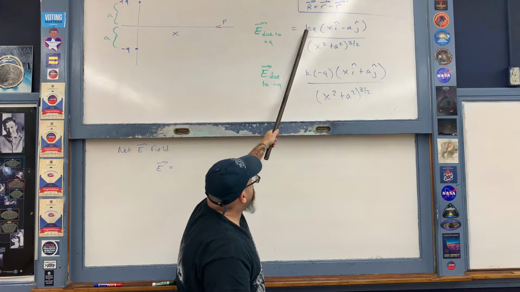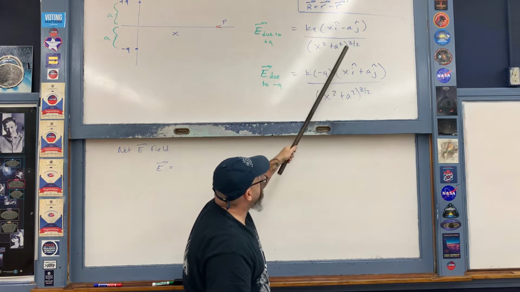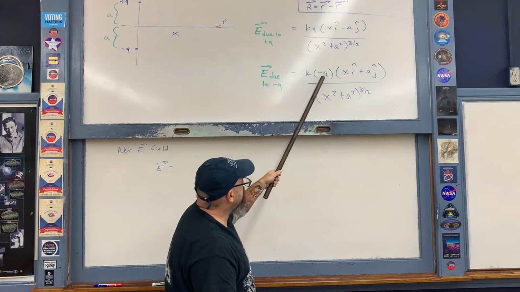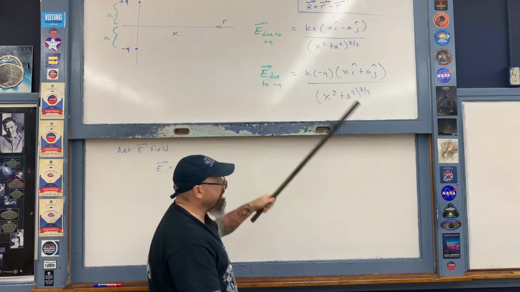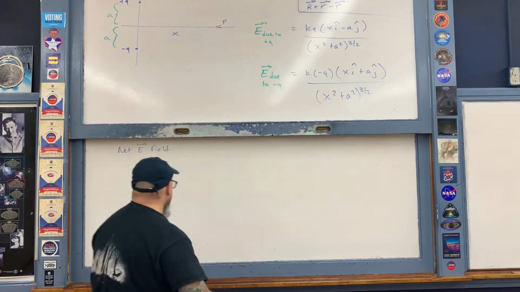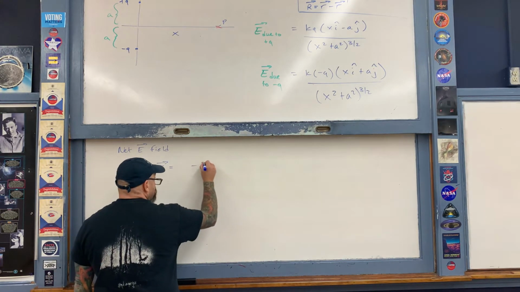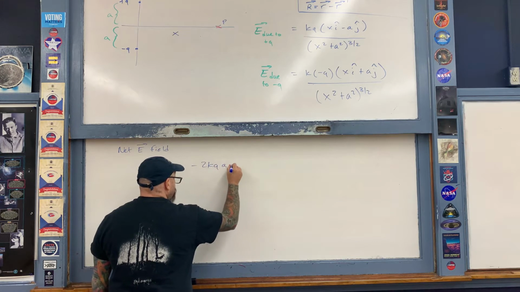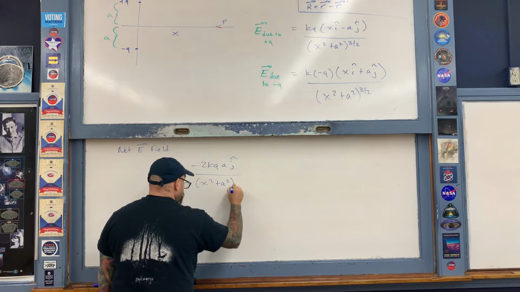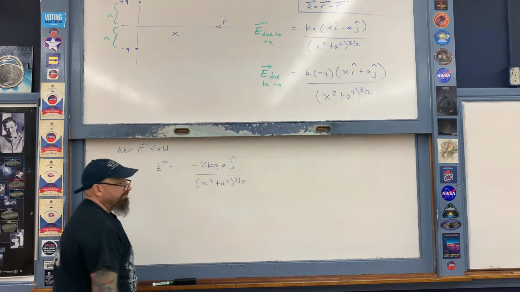Negative kqa j hat over the denominator, and another negative kqa j hat divided by the denominator. Once again, there are two negatives being added together here. So I want to add up, I get negative 2 kqa j hat divided by the denominator. That is like so.